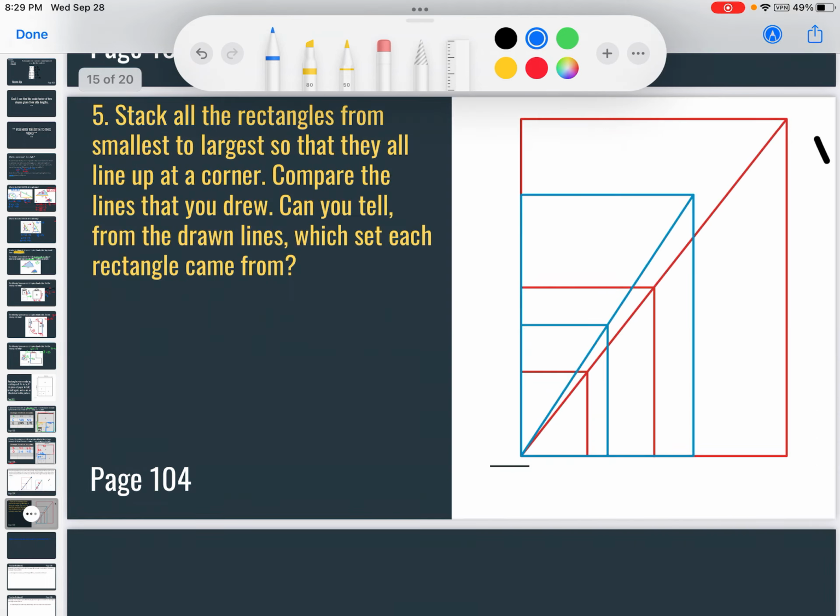So if we stacked all of them on top of each other, we could tell which ones are scaled copies because it's just a fun trick. It's like a magic trick. You know I'm all about these magic tricks. They intersect in the top right corner. So we would have been able to tell without even doing the work that we just did which ones are similar by the ones that intersect at that line. And those lines that we draw are going to be important.